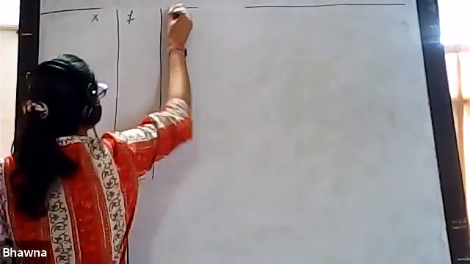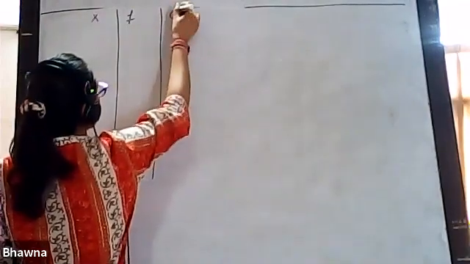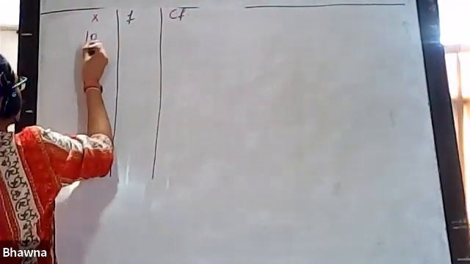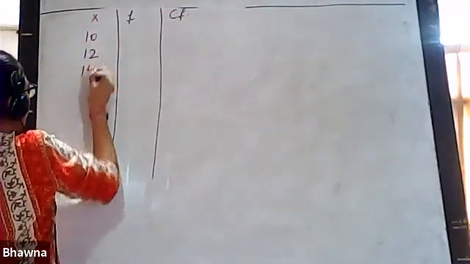After that, we have to calculate CF. CF is the cumulative frequency. The values of x are 10, 12, 14, 16, 18, 20 and 22.